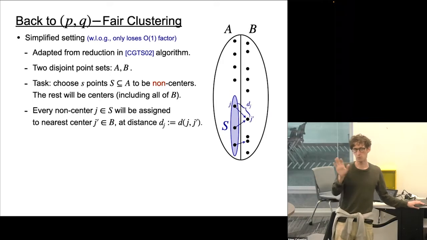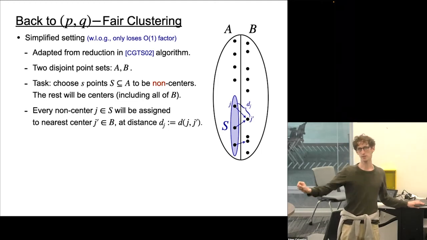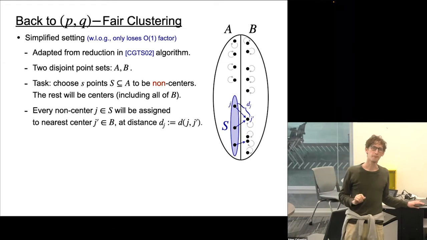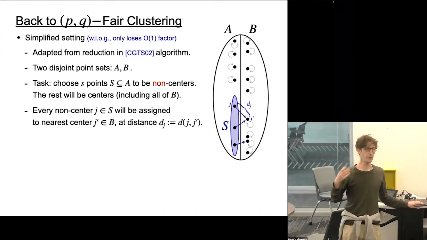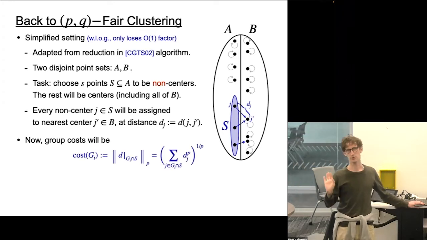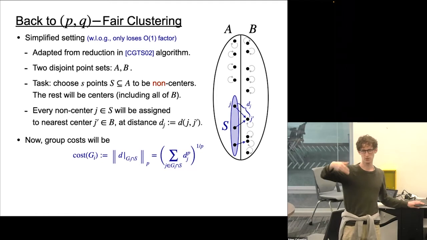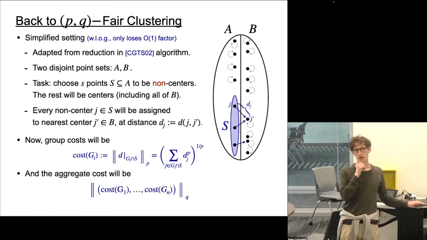There's just a specific number of points within A that will not be centers, and they're going to be assigned to their nearest neighbor, but not globally, only on the other side, their nearest neighbor in B. So this becomes almost a kind of matching problem, a much simpler setting. We have a certain number of points we want to choose in A, and they're going to be assigned to their nearest neighbor in B. Everything else is the same, the objective and so on. We haven't changed anything, but now the group costs are induced on this new instance.